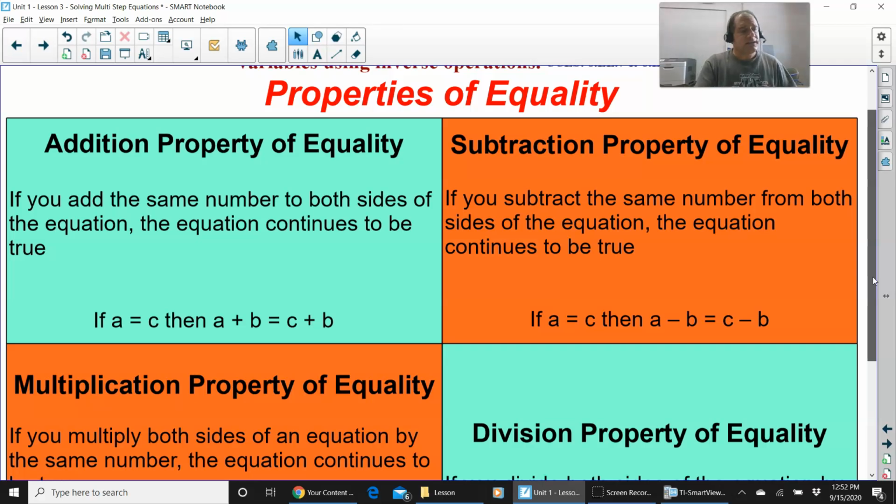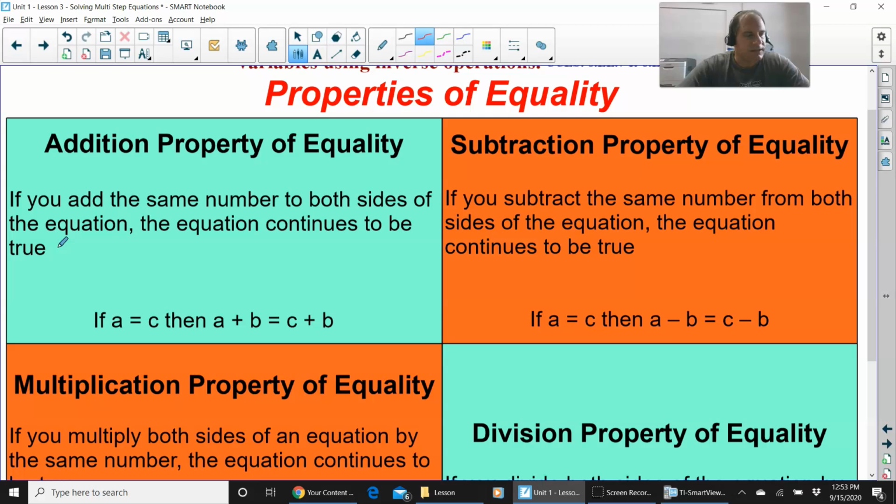It says if A equals C, then A plus B equals C plus B. And to me, that's like, all right, I don't know what you're talking about. Okay, so I'm just going to assign random numbers to each variable. So just say A equals 5.